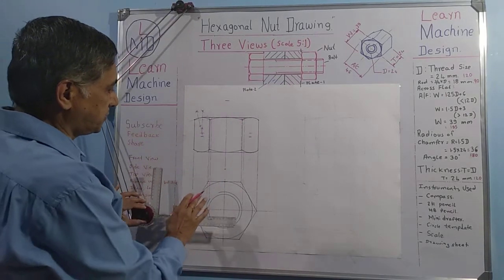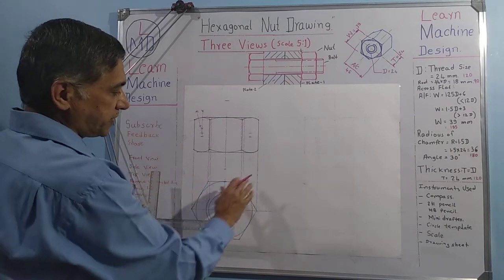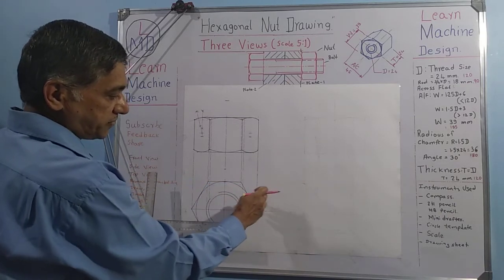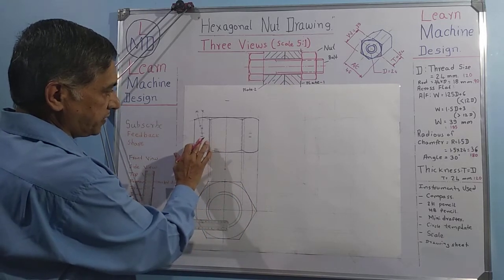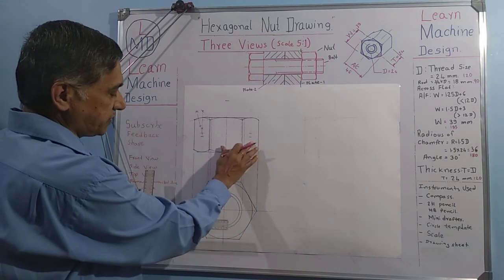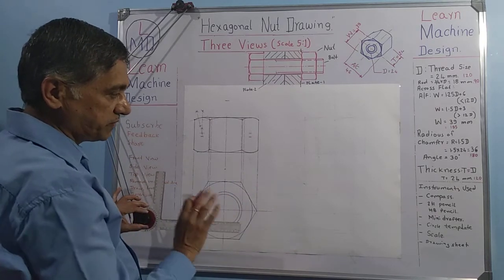Then we have to draw another view, the side view, taking this as a reference. On one side we will see 1, 2, 3 faces, on the other side we will see only 2 faces. How to draw it is very important.